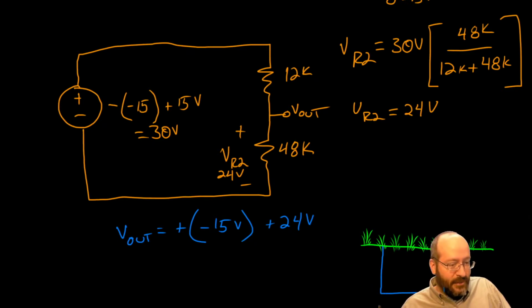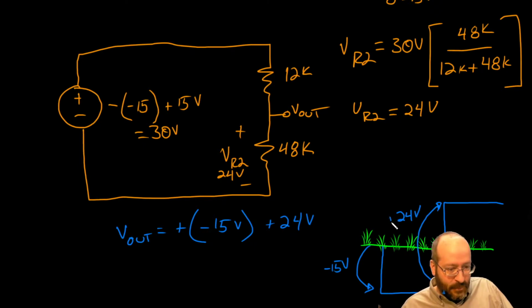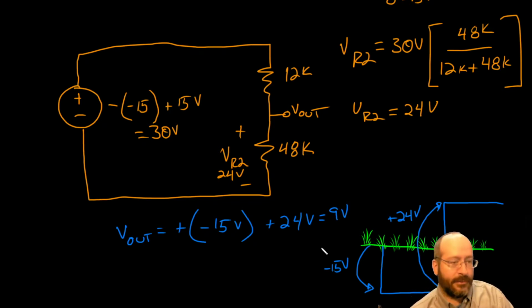The ball moves down first, and then it goes up 24 volts. So if this is negative 15 volts, and this is positive 24 volts, if we're measuring height in volts, how far above ground do we end up? We end up 9 volts above ground. So V out in this case is 9 volts, and that's the answer we're looking for.